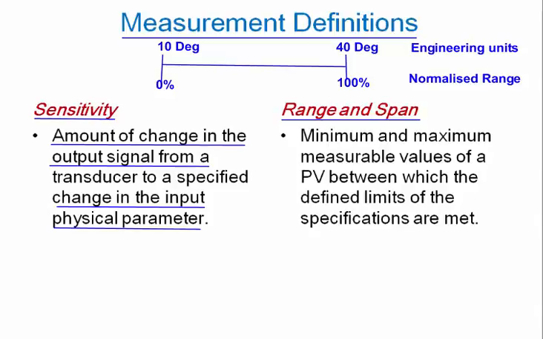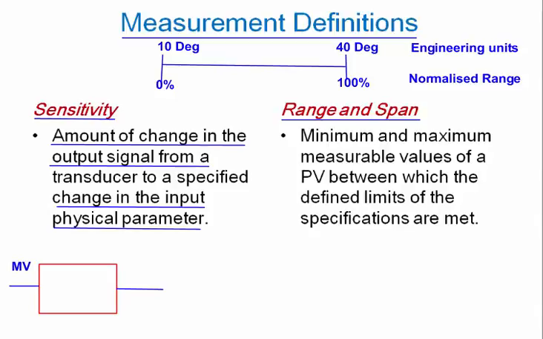You can certainly think of the instrument as having a transfer function, and the input here we specify is, again, let me give you some terminology here. We talk about a measured variable.